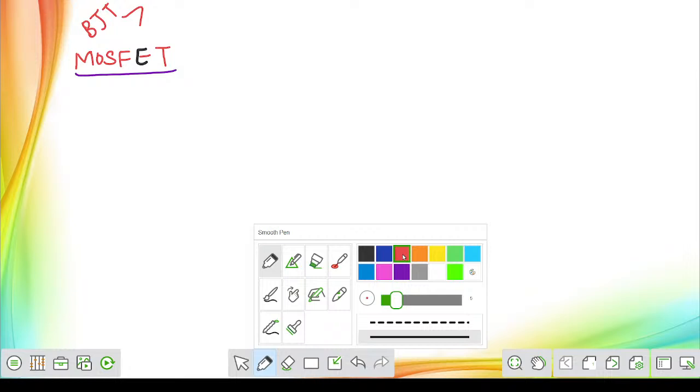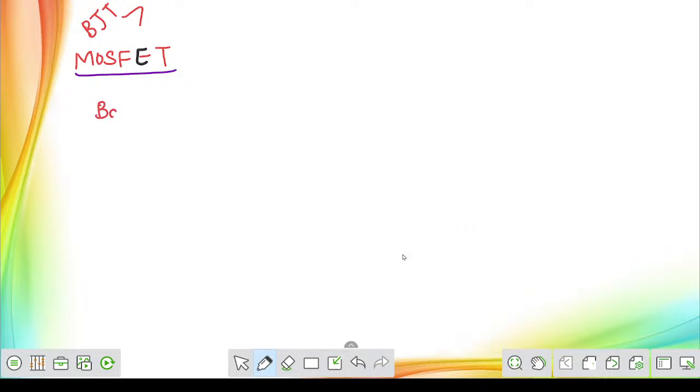Now, the first one is the basic enhancement insulated gate MOSFET, and the basic enhancement type gate will be represented as follows.